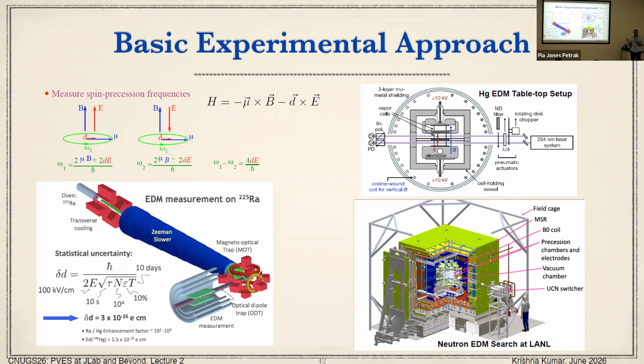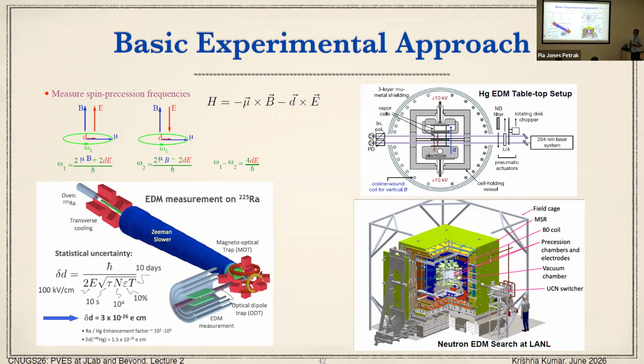So it's extraordinarily challenging to do this and reduce systematics. This here is a tabletop mercury EDM experiment. This here is radium-225 looking for an atomic EDM in a trap. This is the neutron EDM at Los Alamos, where they bring cold neutrons to a stop, and they're looking for a neutron EDM, again, all doing the same thing here.